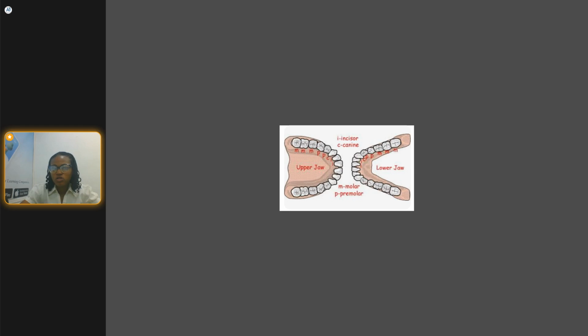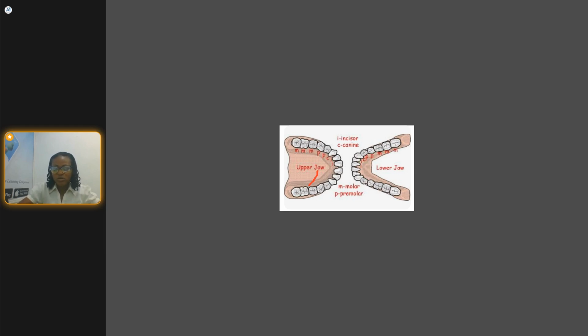Looking at this diagram, you can see the molar, premolar, canine, incisor. This other part is not labeled.